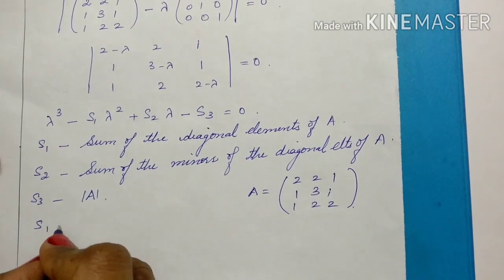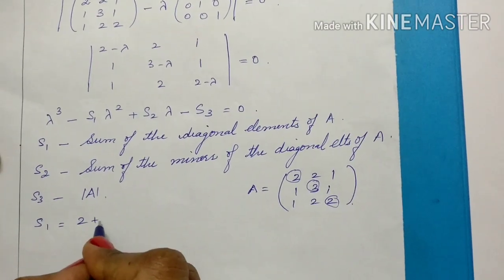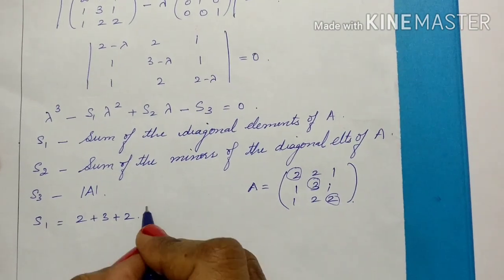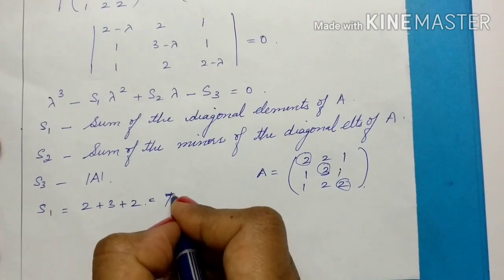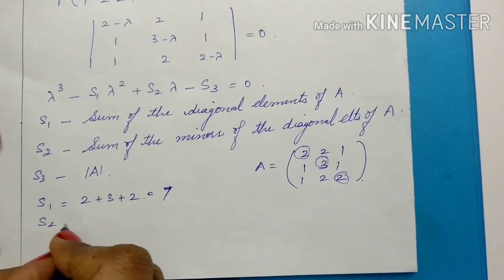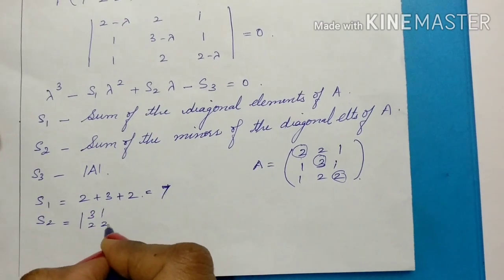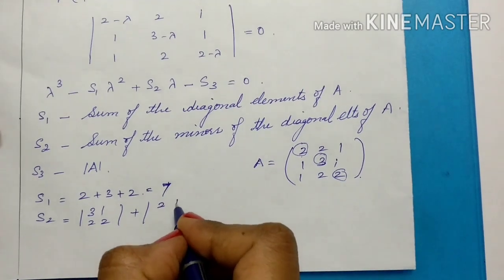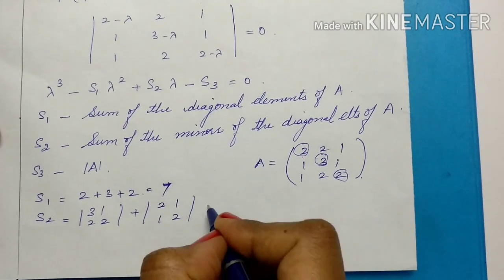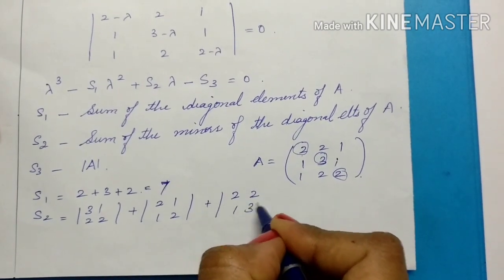So it is 2 2 1, 1 3 1, 1 2 2. My S1 is the sum of the diagonal elements, so it is 2 plus 3 plus 2, which is equal to 7. S2 is the minor of 2, which is the determinant 3 1, 2 2, plus the minor of 3, which is 2 1, 1 2, and the minor of 2, which is 2 2, 1 3.